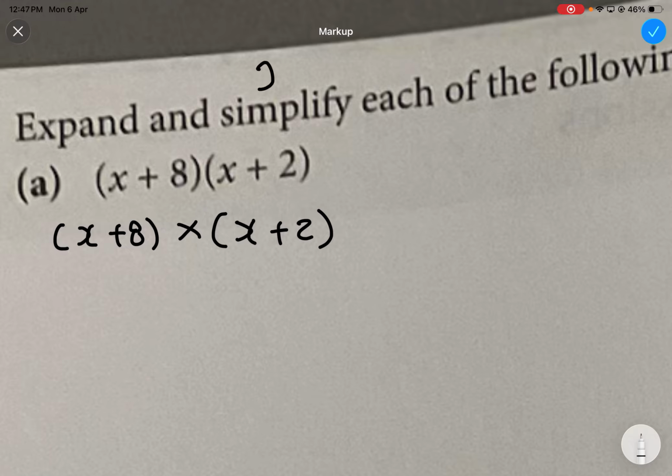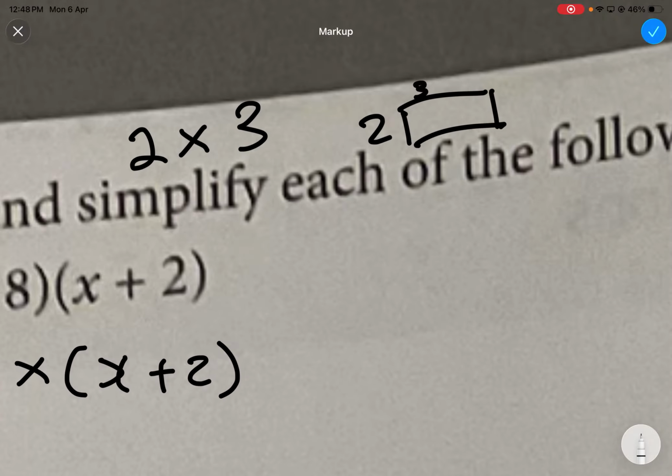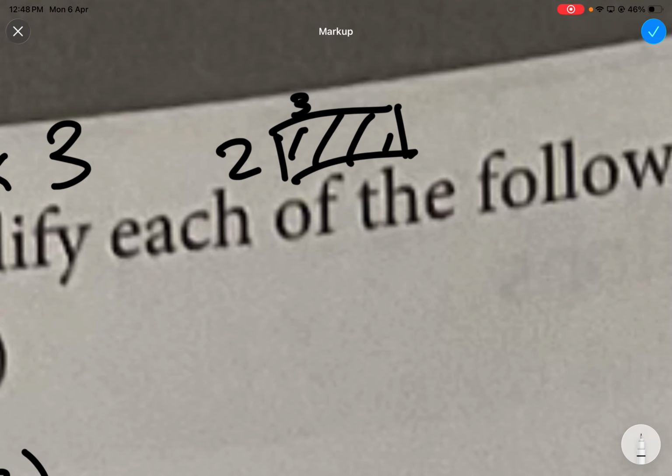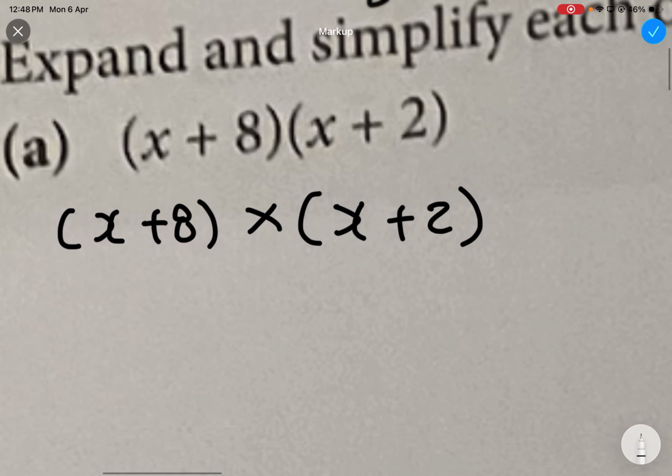Just like 2 times 3, 2 times 3 gives me the area. But if you remember, I told you my 3 can be broken up into 2 and 1 also. Then I am still finding the area. Then my 2 needs to multiply 2 and then 2 multiply 1.